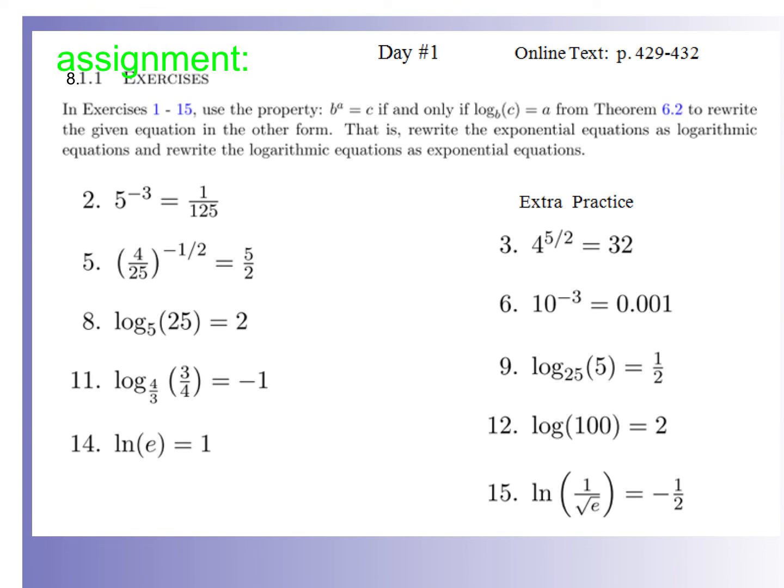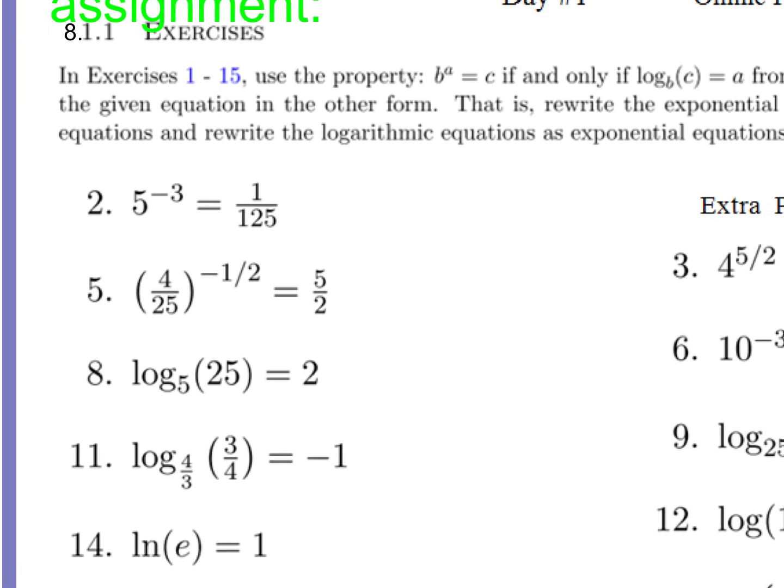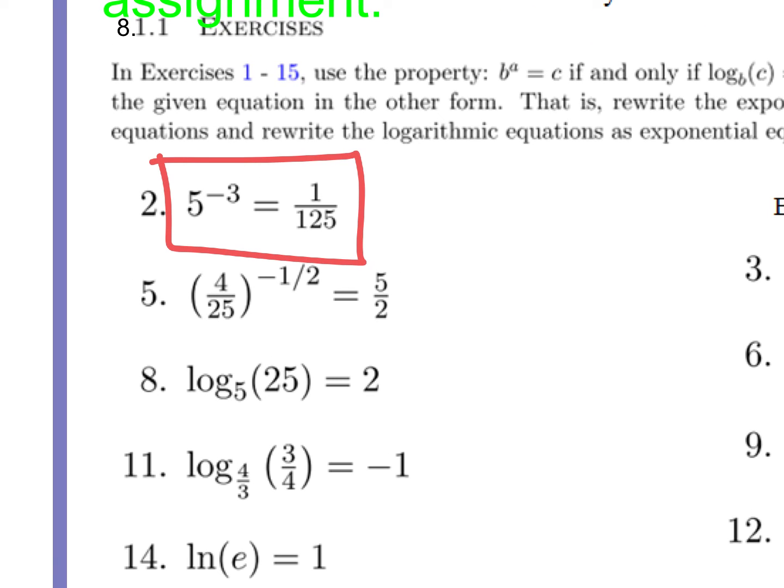All right, well, there's a lot of different things you can do with logs. One of them is to write them back and forth from exponentials to logs. Do you recognize that this one is not a log? There's no word log, so it must be an exponential or an exponent problem. Then I can take any exponent problem and write it as a log problem.